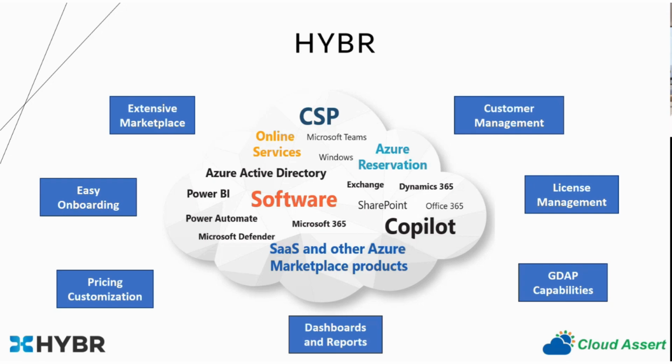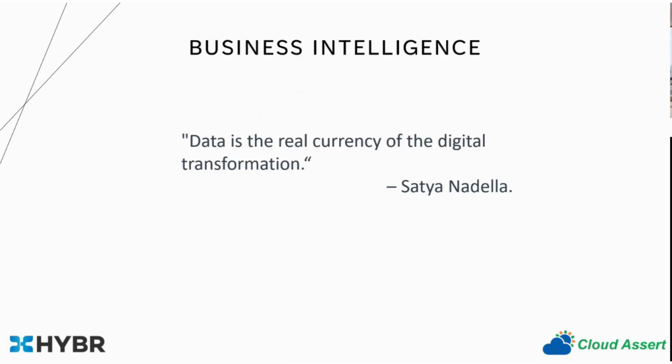The very first topic which we are going to be looking at today is the business intelligence aspect of it. As a CSP direct partner, you already have a lot of data in your system, but whether you get the maximum insights out of this data is the question.